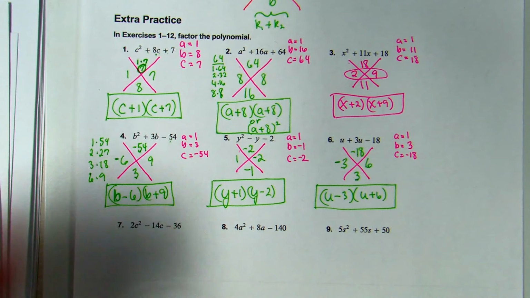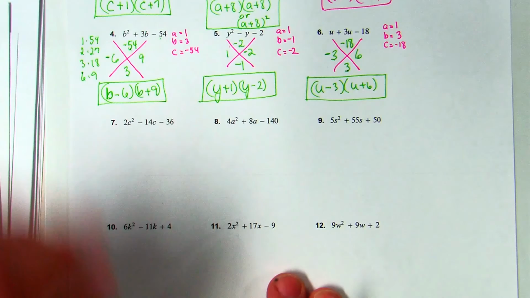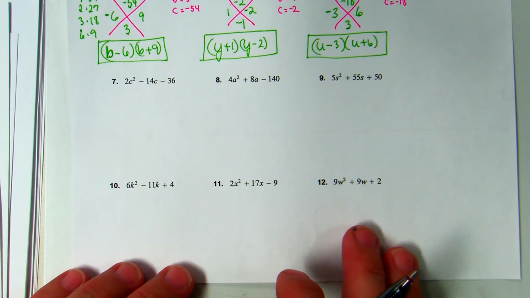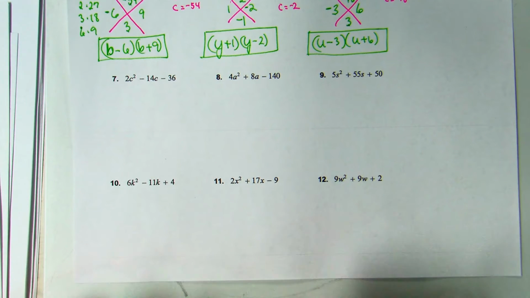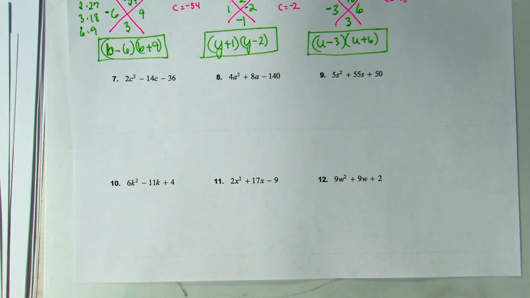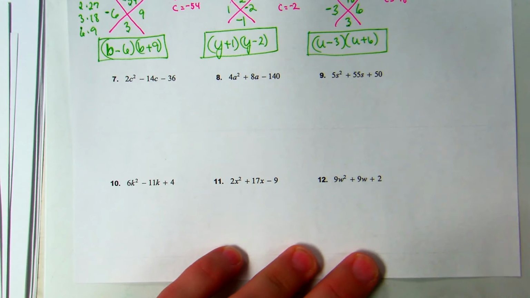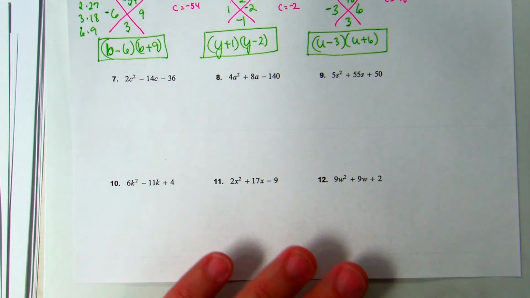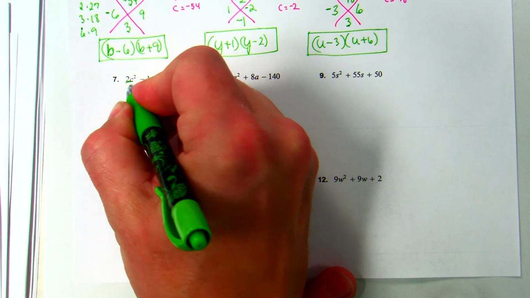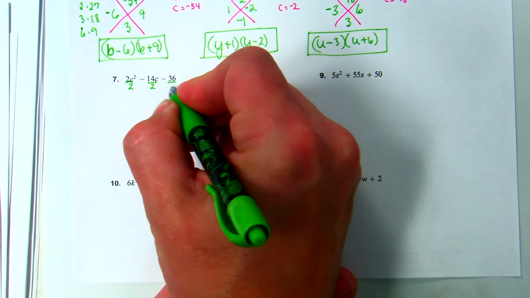Okay, we're going to move into having an A term or placeholder that is not a 1. But on this first set of 3 problems, we're going to have the option to factor that term out. Okay, so when I'm looking at this, I'm saying, can I divide everything by the A placeholder?